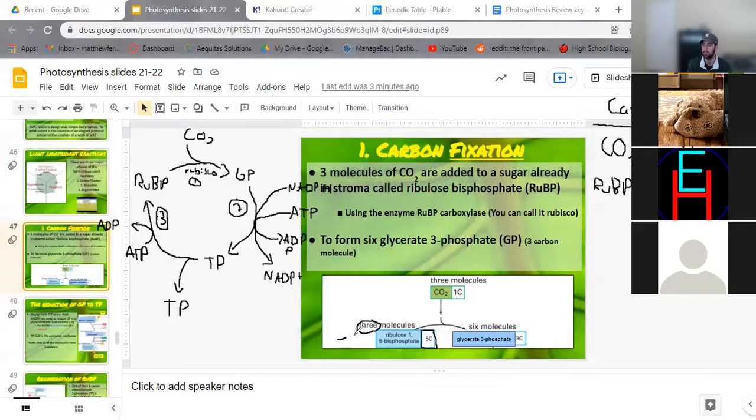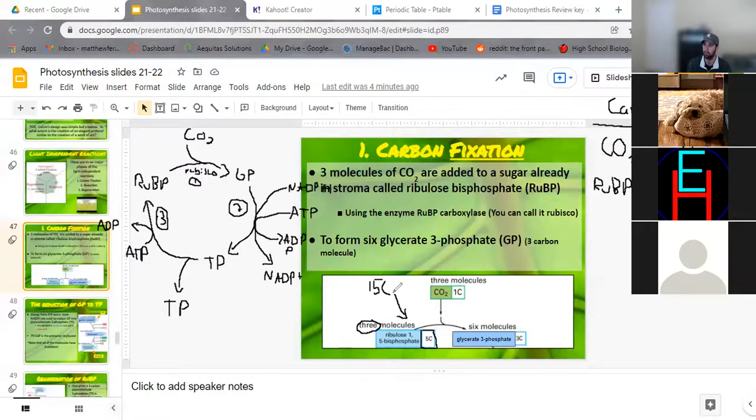So how many carbons are at this point in time, where my arrow is pointing? I have 3 5-carbon molecules, right? It says RuBP is a 5 carbon molecule, and I have 3 of them. So 15. I have 15 carbons at this point in time. Okay, now I understand it.